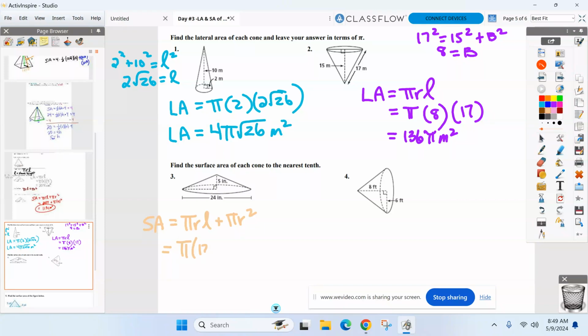Using 12 as your radius. Slant height, you're doing a little Pythag action.